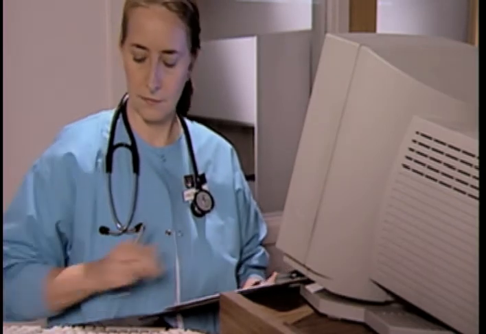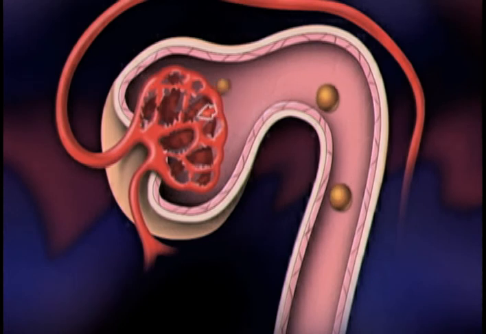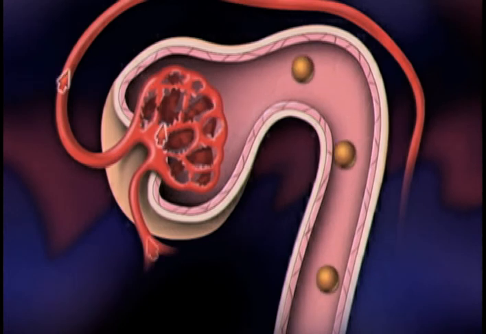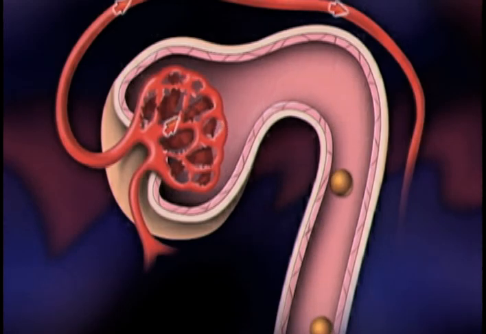Also anticipate finding protein in the urine. Proteinuria occurs when damaged glomerular capillaries let large protein molecules pass through to the urine.